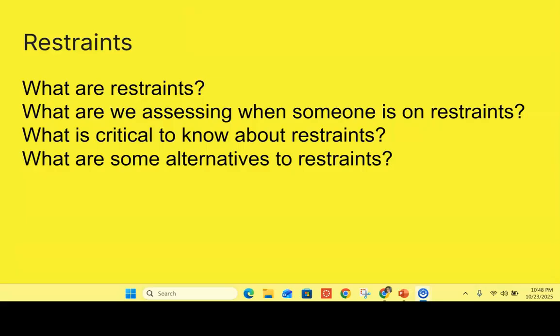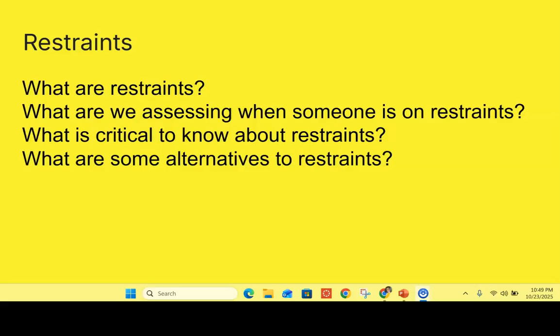You also are assessing each limb, if it's like a 4-point restraint, so you're assessing the wrists, the fingertips, the ankles, the toes. You're assessing for sensation, movement, making sure there are 2 fingers that fit between. You're also probably doing some vitals. And you're also assessing every time if the patient is ready to be removed from the restraints.